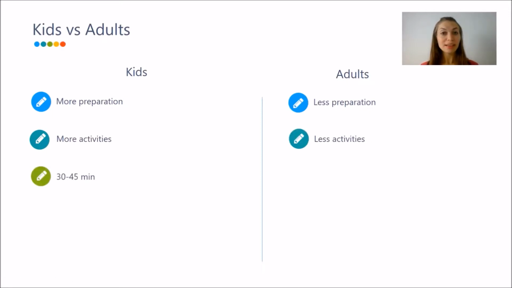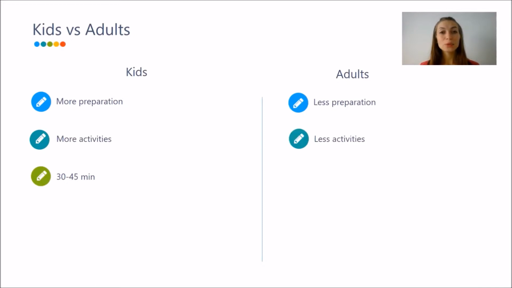Yes, actually about the length of the lesson, for kids it's better to make it shorter because after 30 minutes they will become very tired and even maybe bored, no matter what activities you plan, just because of their physiological points.